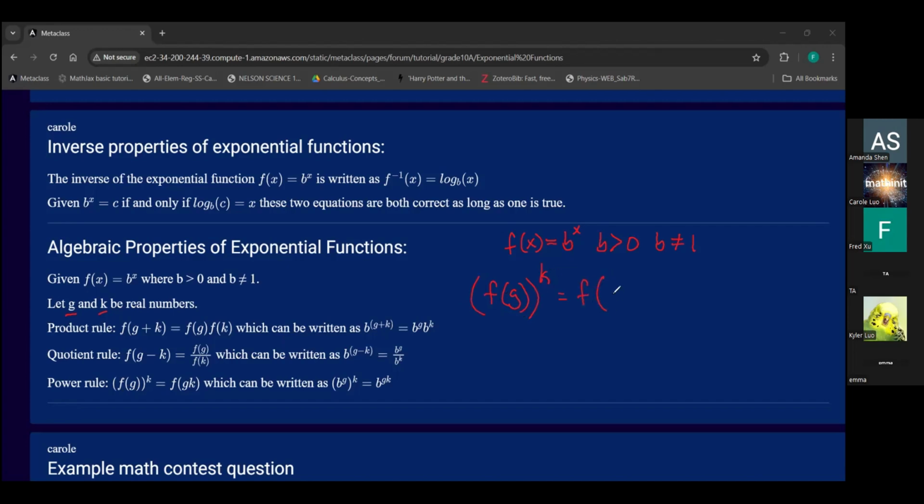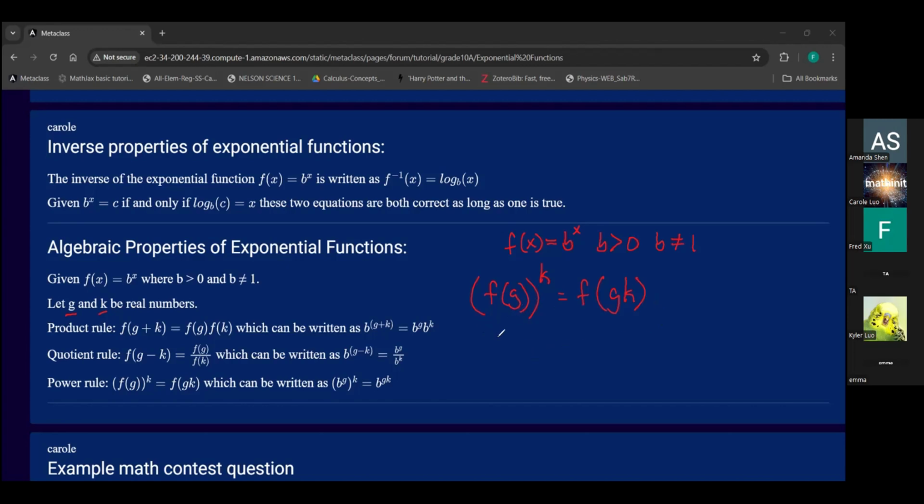So this is f of g times k. This looks very strange, but you must remember to view the g as an exponent.